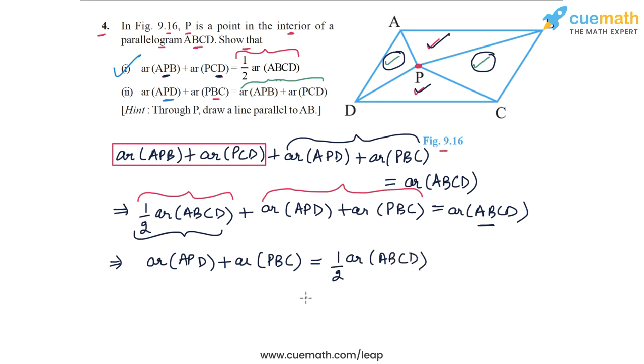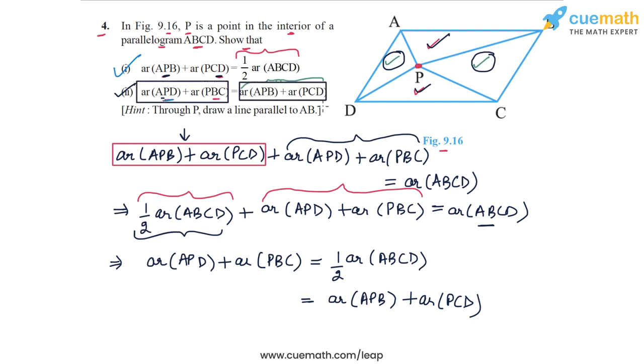And this is basically equal to half of ABCD, which is equal to area of APB plus area of PCD. So if you want, we can write area of APB plus area of PCD. So this is what we had to prove in part 2, that the other pair of triangles also have the same total area as the first pair of triangles. So with this we have completed question 4.